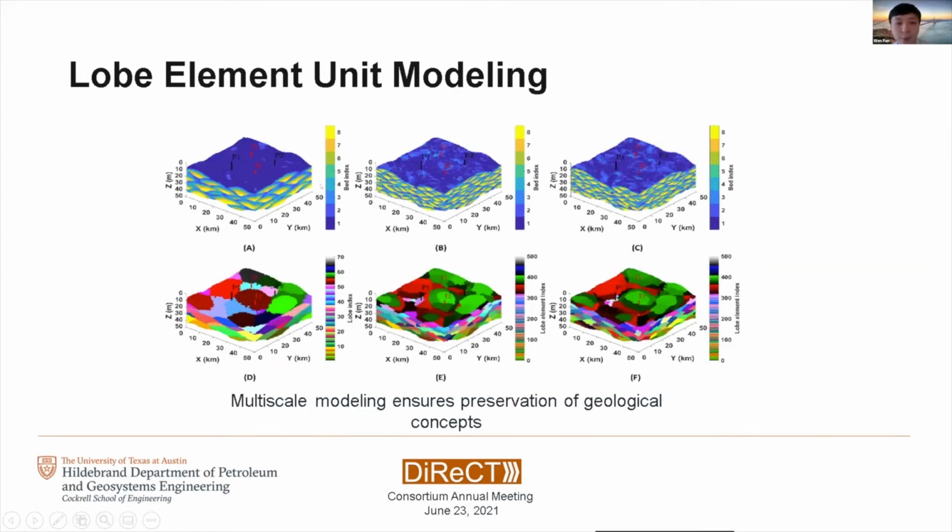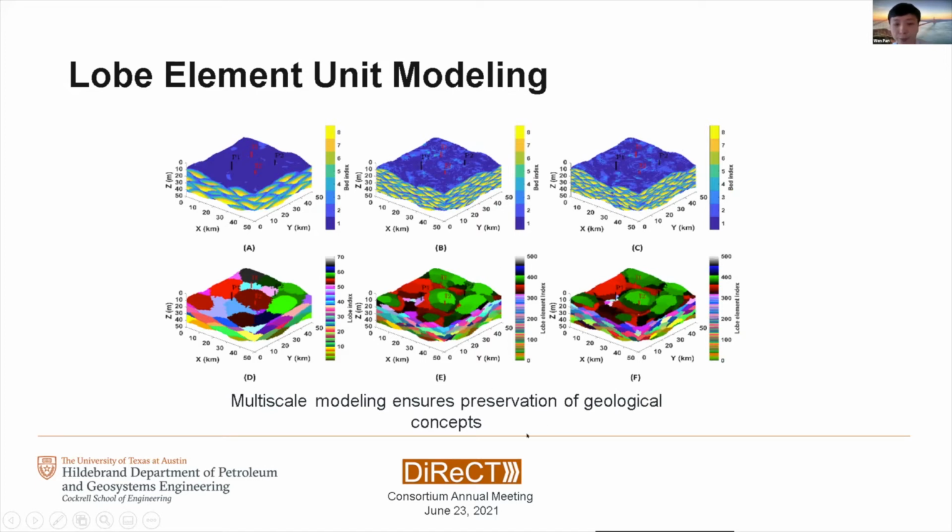And then after we get the bed unit distribution, we will extract each individual lobe by using the clustering method, and then repeat those steps to get the bed unit distribution for lobe elements, and then extract the lobe elements by clustering the bed units at the lobe element scale.